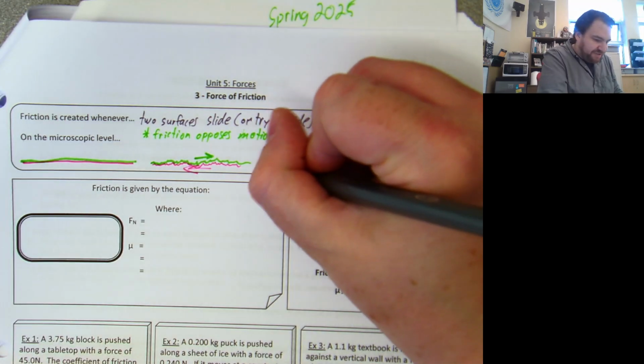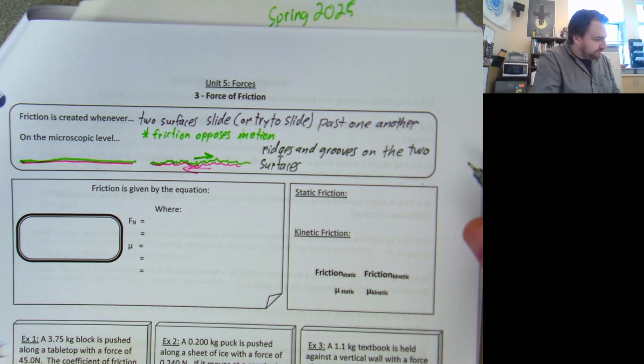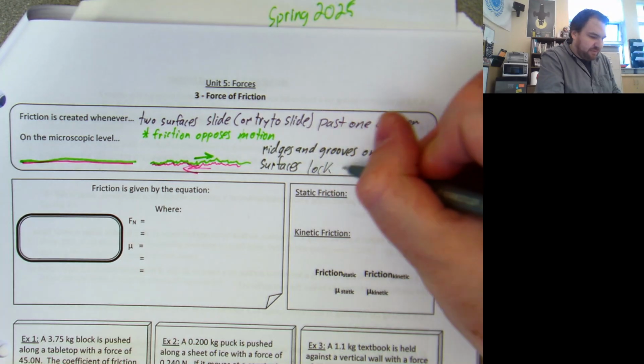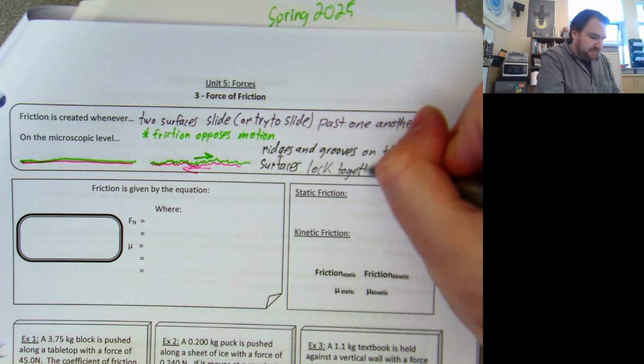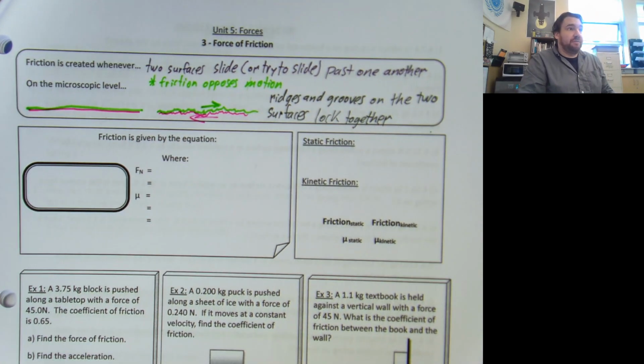On the two surfaces lock together. And that's what causes friction. If you can figure out ways to overcome that locking, you can reduce friction. Skaters do it all the time.